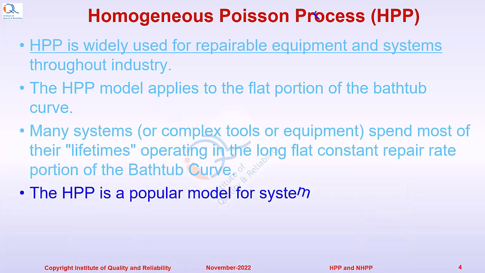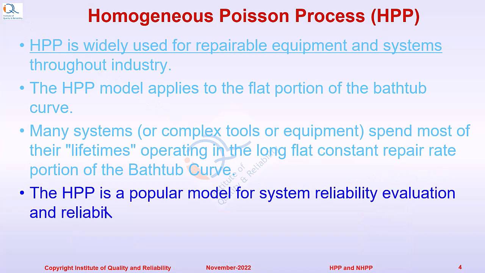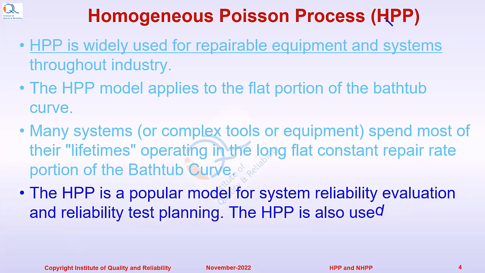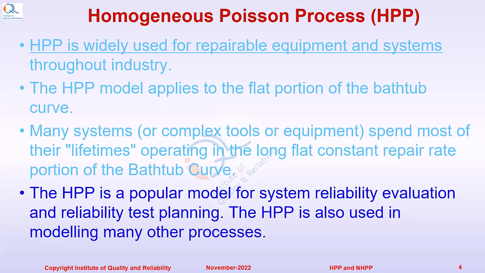The HPP is a popular model for system reliability evaluation and system test planning. The HPP is also used in modeling many other processes. Many of the mill standards also used the homogeneous Poisson process as the basis.